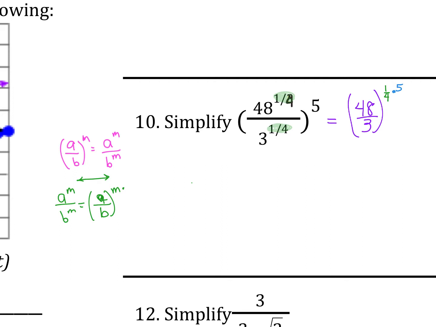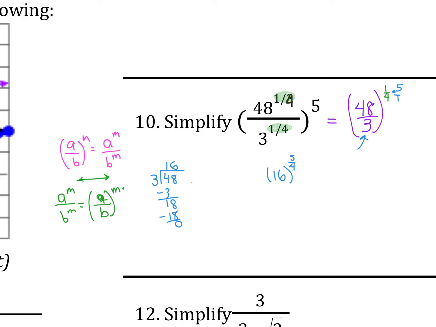Why that's important is because we can divide 3 into 48 perfectly. 3 goes into 48 16 times. So we can change 48 over 3 to 16, and then multiply the 1/4 times the 5, which is 1/4 times 5 over 1. When you multiply fractions, you multiply straight across, so it's 5 over 4.